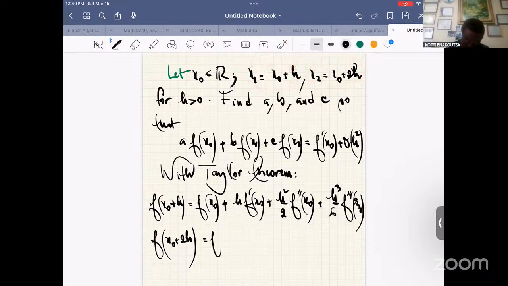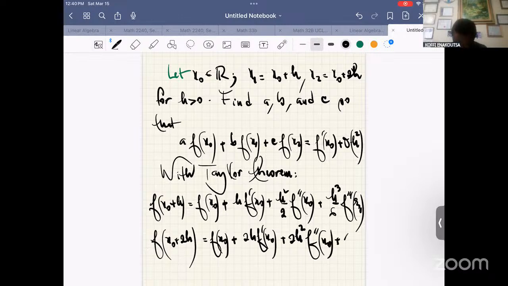So that will be f at x0 plus 2h f prime at x0 plus, look at 2h squared, which is 4h squared divided by 2. So that will be 2h squared f second at x0 plus, well, you have to divide this time by factorial 3.